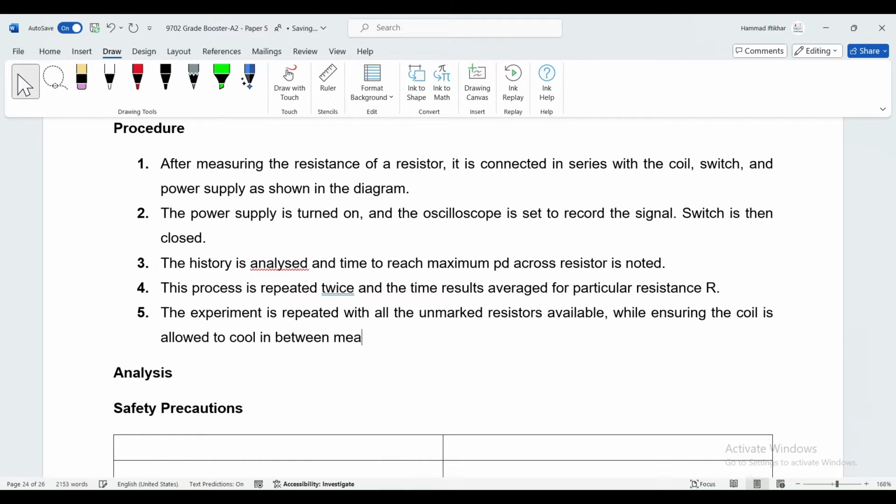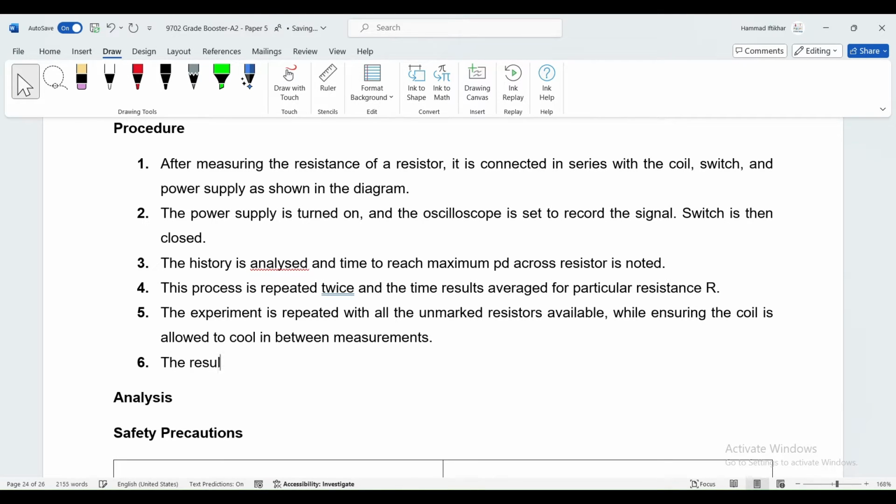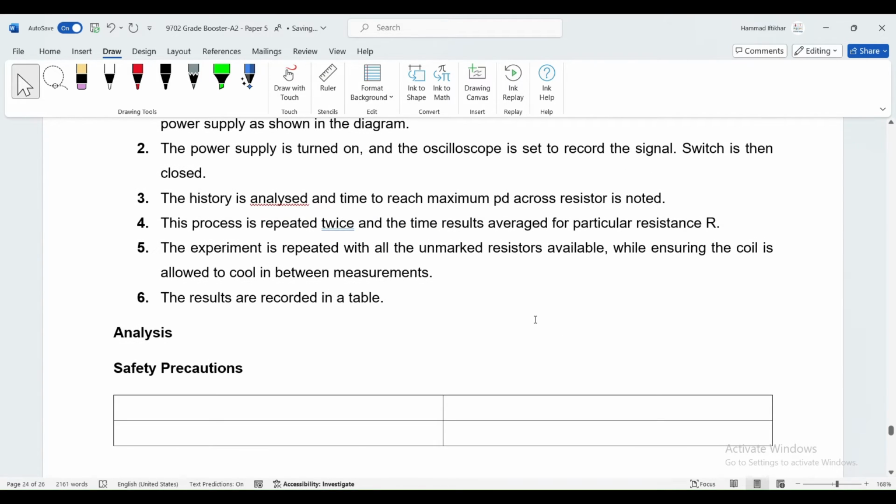Yeah, okay. So, right. The results are recorded in a table. Okay, now the analysis portion comes.